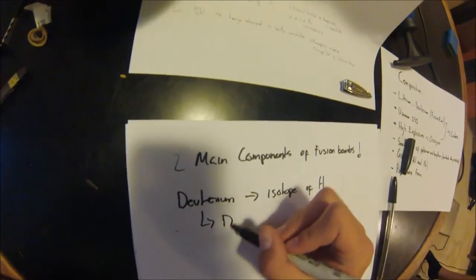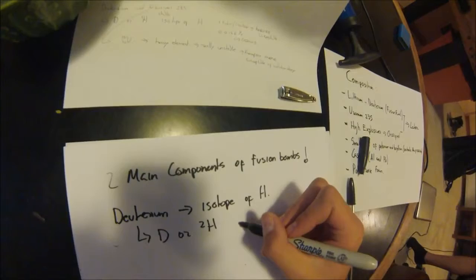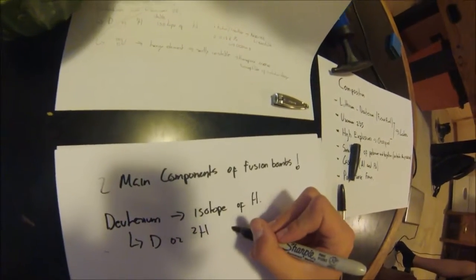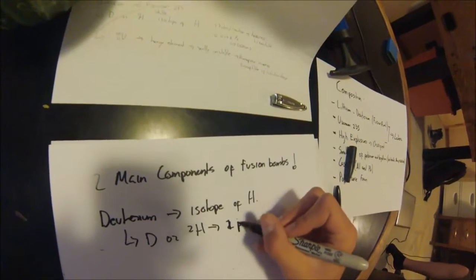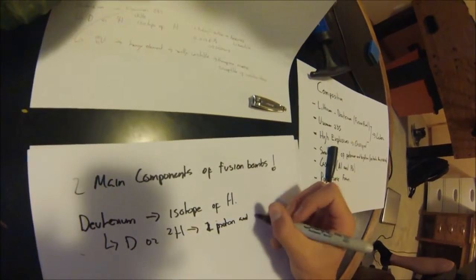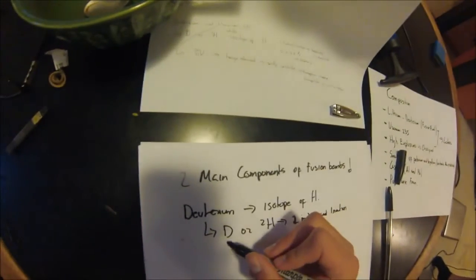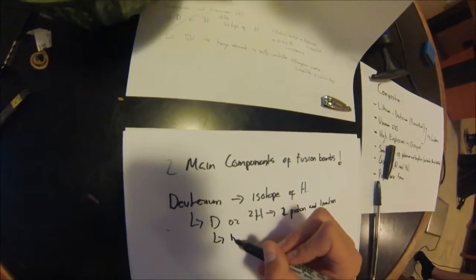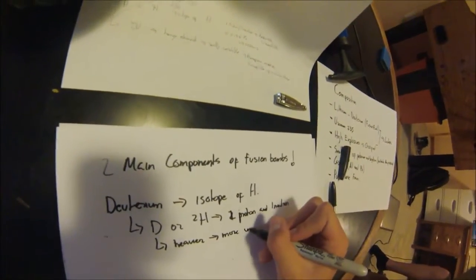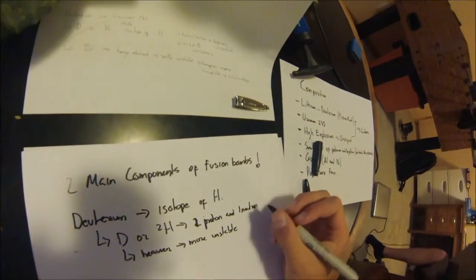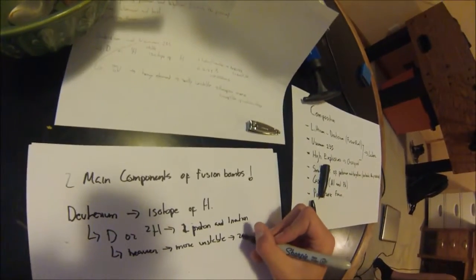Deuterium is also represented as D or 2H because that's the number of its atomic mass, because it's composed of one proton and one neutron, making the atom heavier, making it more unstable, so it's more susceptible to radiation.